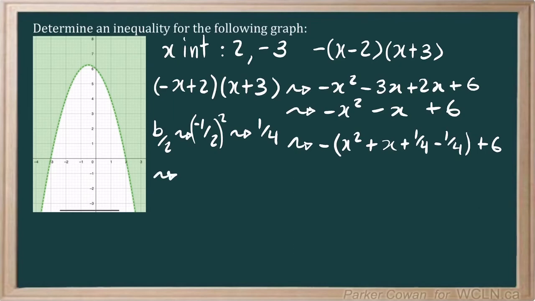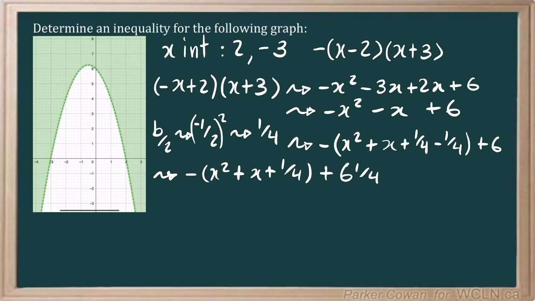So we need to get this negative 1 over 4 out of there so we can complete the square. So we need to multiply the negative into it. So essentially what we'll be left with is x squared plus x plus 1 over 4. And that will give us 6 and 1/4.